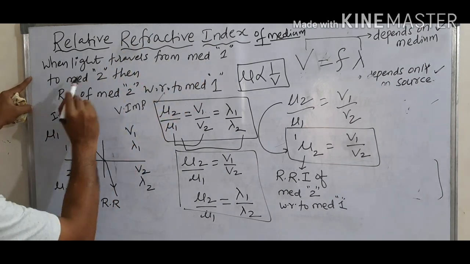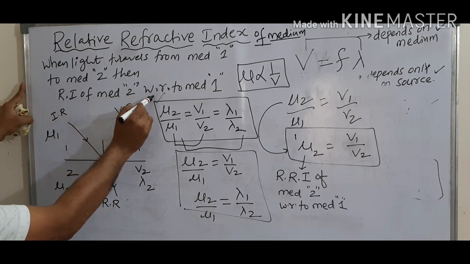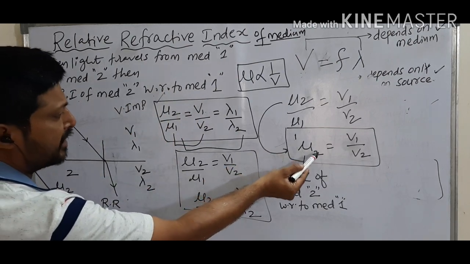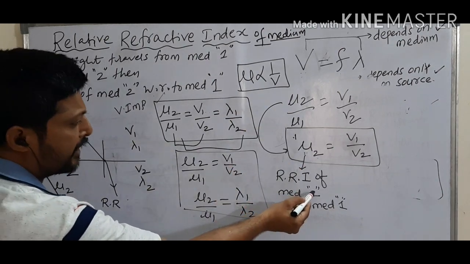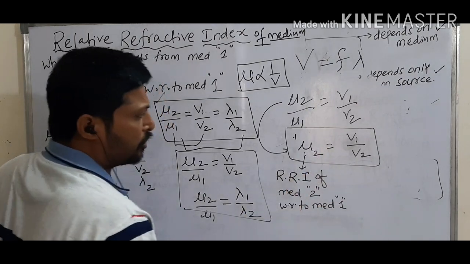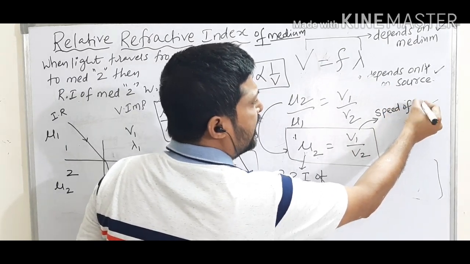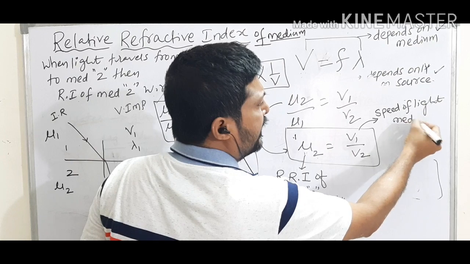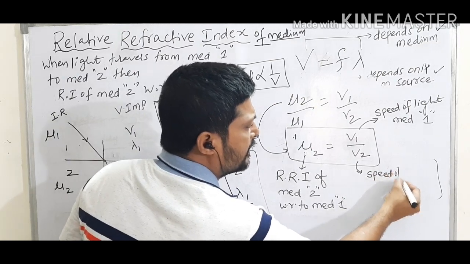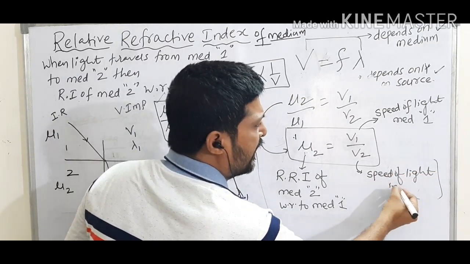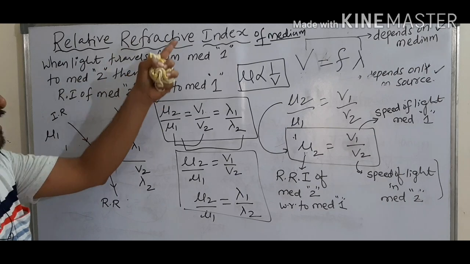When light travels from medium 1 to medium 2, the refractive index of medium 2 with respect to medium 1 is called relative refractive index, equal to v1 by v2, where v1 is the speed of light in medium 1 and v2 is the speed of light in medium 2. This is the formula for relative refractive index.